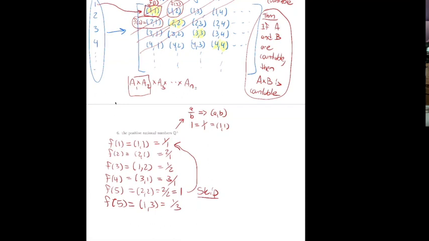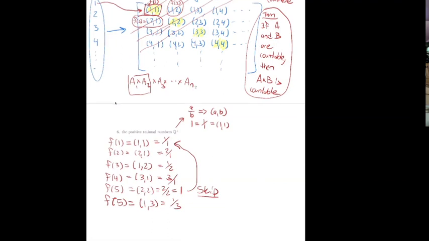And if I keep going in this process, hopefully I've convinced you that we will hit every positive rational number. It's just that when I reach a pair of natural numbers that is already equivalent to one of the rational numbers we've already accounted for, we just skip it. And so I'm not going to let f of 5 equal that because I want this to be injective. And so I don't want two different numbers, 1 and 5, to get mapped to the same thing.